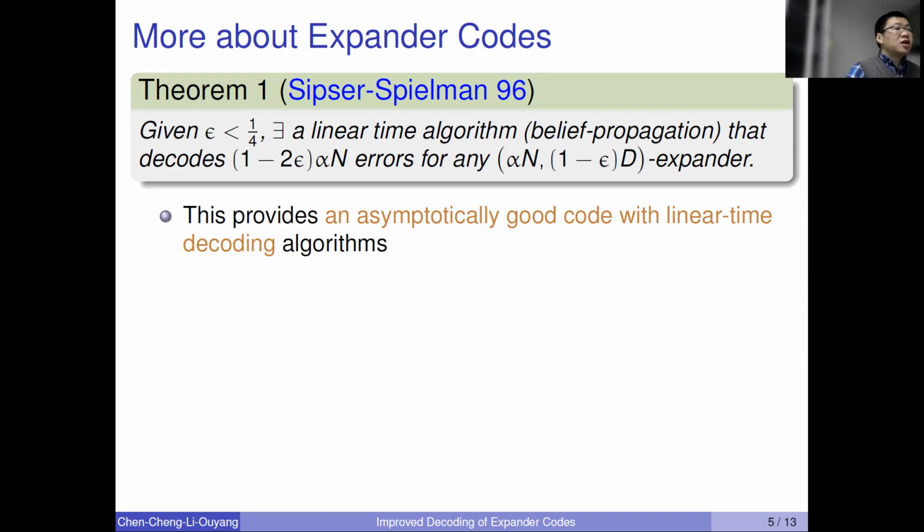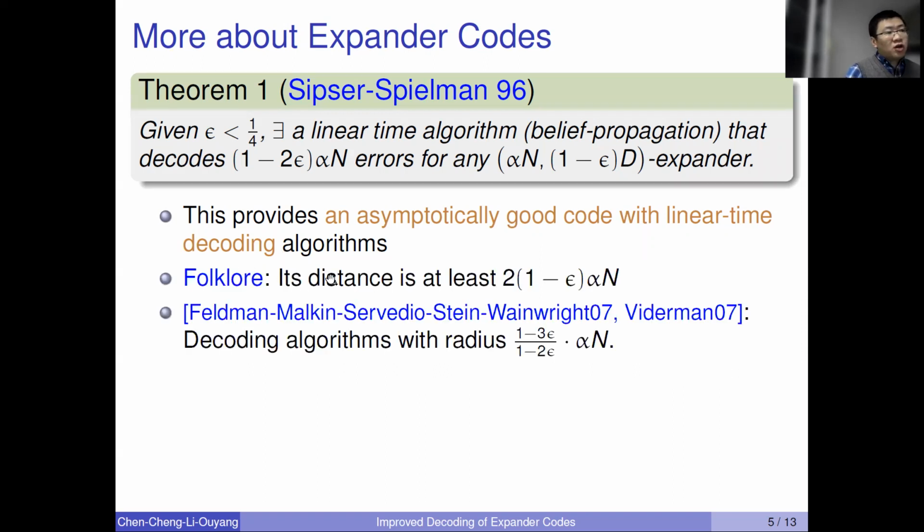The second thing is that it is folklore that the distance of the expander code is at least 2 times (1 minus epsilon) times alpha. So you can see there is a gap of epsilon between the decoding radius of Sipser and Spielman and half of this folklore distance bound.